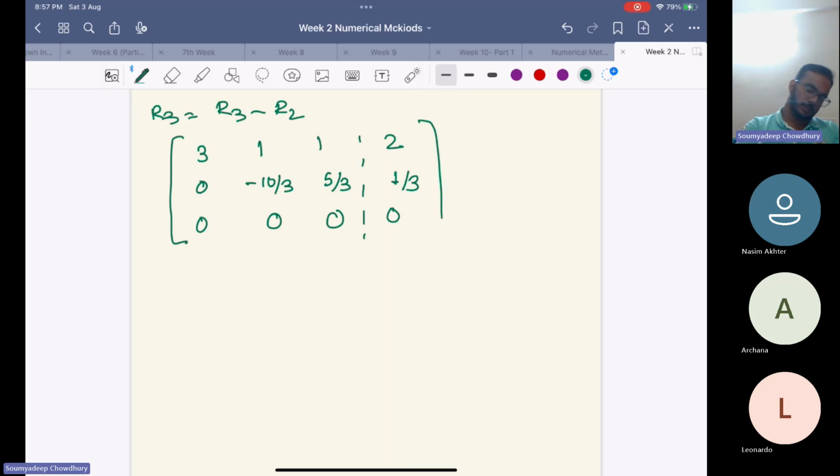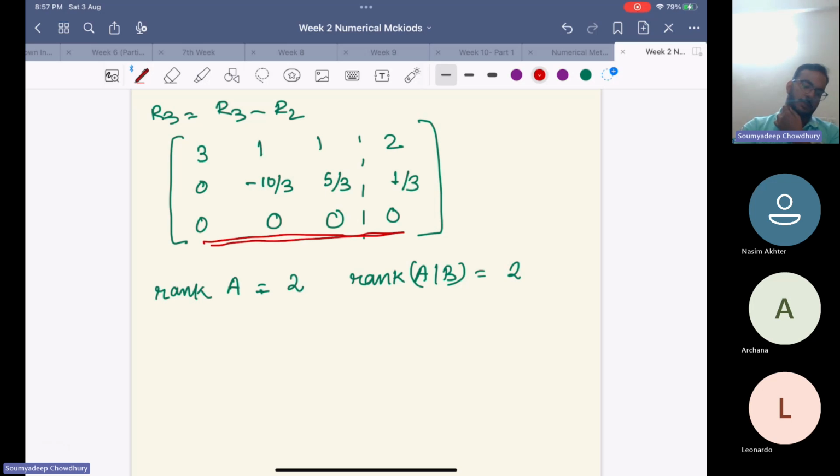All elements are 0. So what is rank of A here? There are two non-zero rows and one zero row. So we have rank of A equal to 2, and also rank of A slash B is equal to 2 because this entire row is 0, right? Both for A as well as for A slash B, both are zeros. So it is 2. So we have infinite number of solutions.